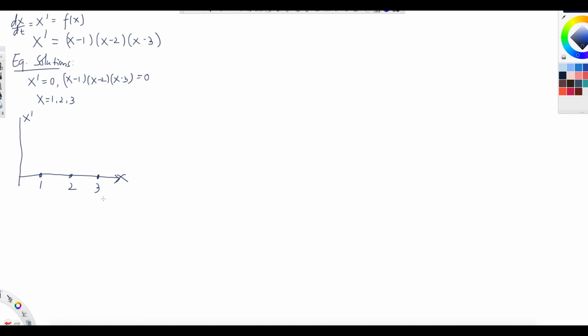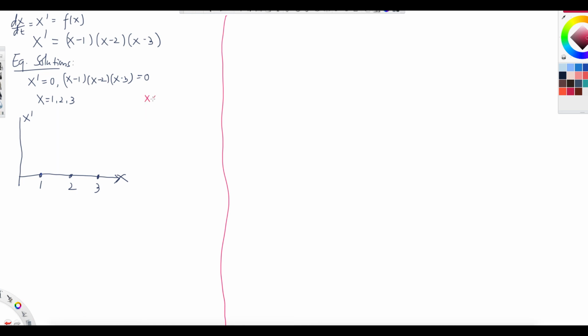Now we want to know the sign of x prime on the left of 1 and right of 1, left of 2 and right of 2, and so on. Since there are 3 equilibrium solutions, there are 4 intervals: left of 1, between 1 and 2, between 2 and 3, and right of 3.